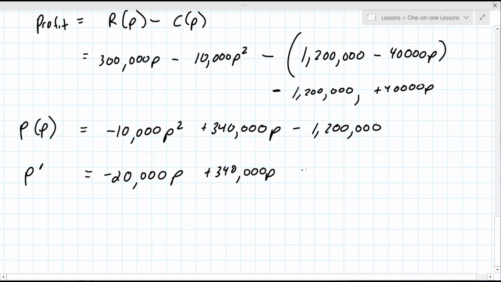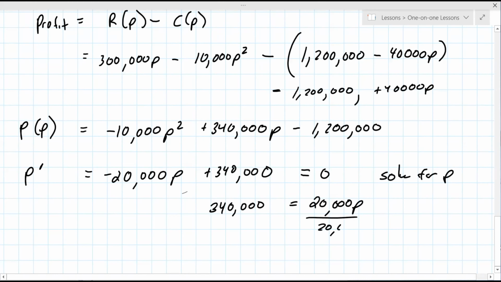Oops, I'm sorry, 340,000, not P. Set that equal to 0, and then solve for P. Move the 20,000 P to the other side: 340,000 equals 20,000 P. Divide both sides by 20,000, and that's where P equals 17 comes from.